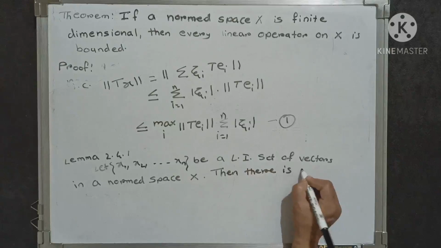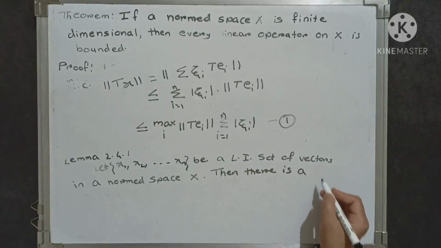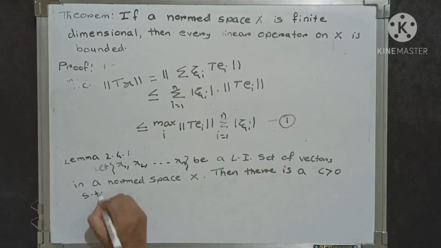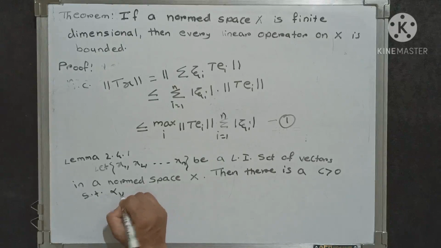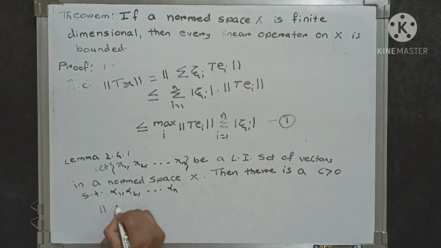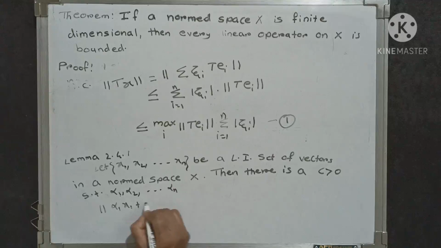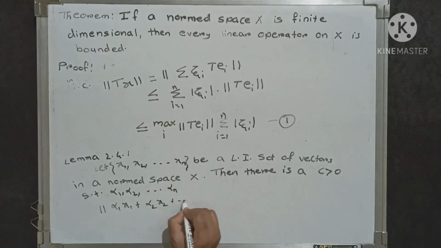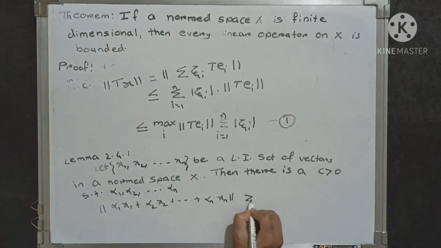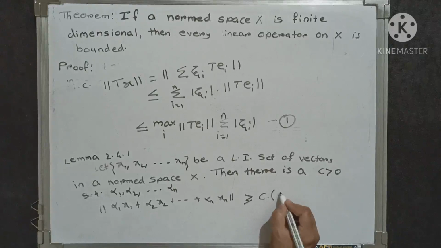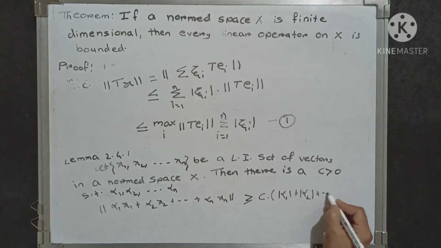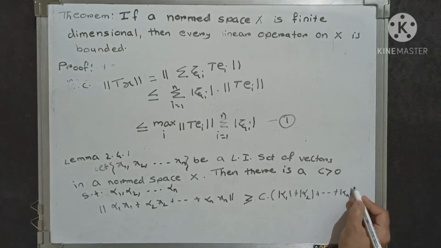Then there is a real number C greater than 0 such that for any choice of scalars alpha 1, alpha 2 up to alpha n, the norm of alpha 1 x1 plus alpha 2 x2 up to alpha n xn is always greater than or equal to C times the bracket mod of alpha 1 plus mod of alpha 2 up to mod of alpha n.